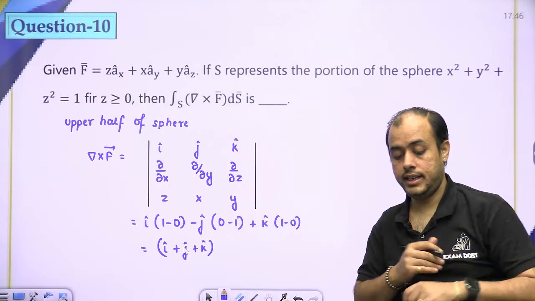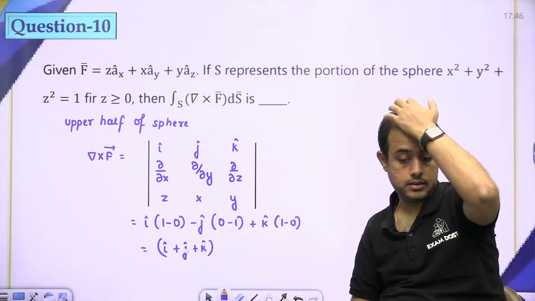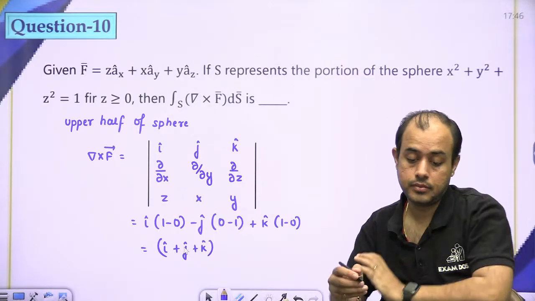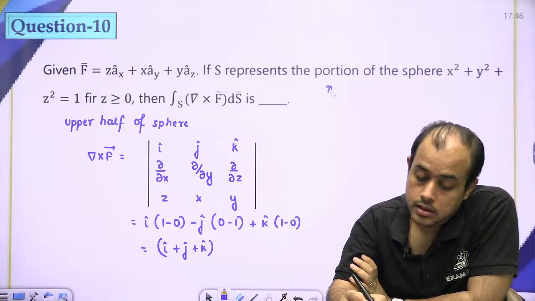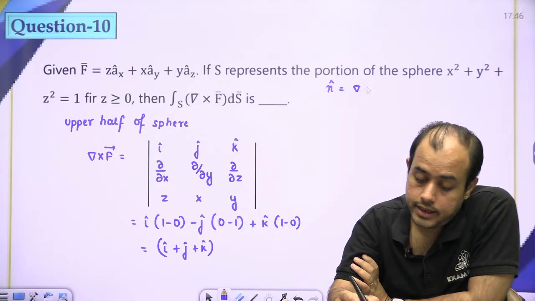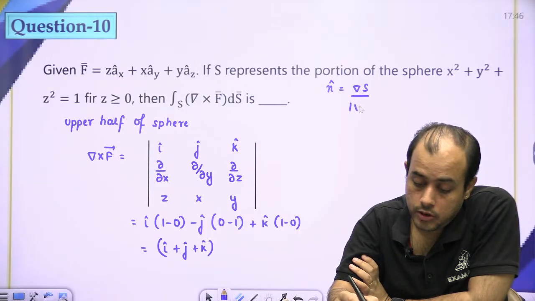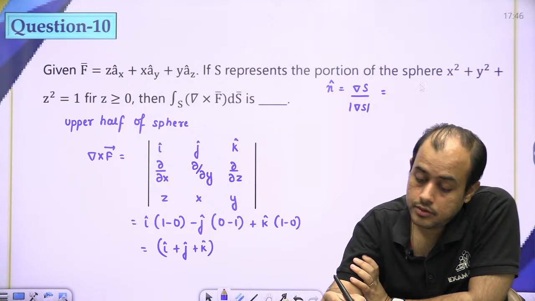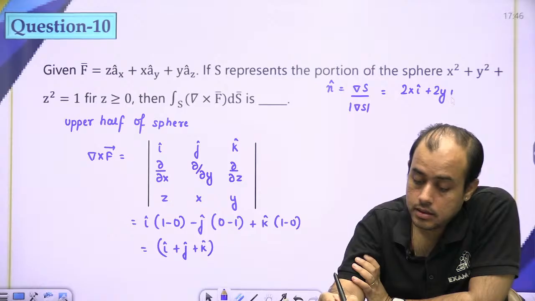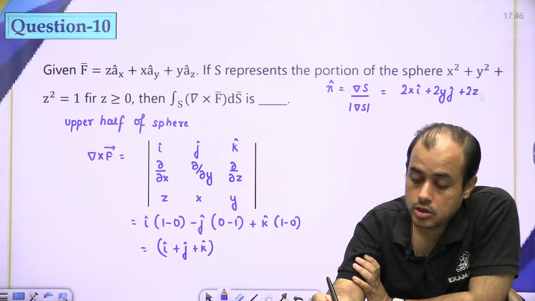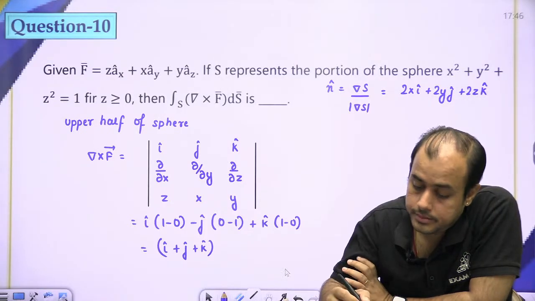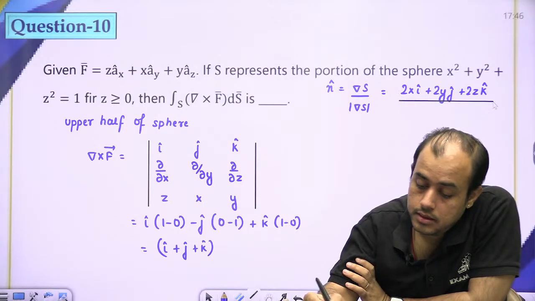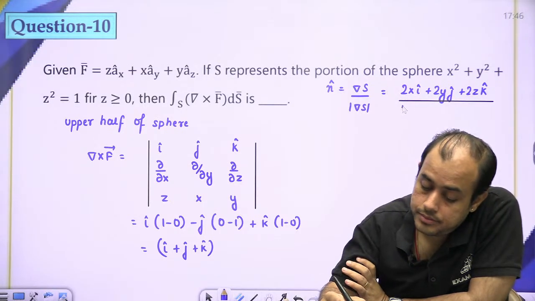Now what is dS vector? Gradient of S by mod of gradient. What is the gradient of S? 2xi, 2yj, 2zk by the magnitude.